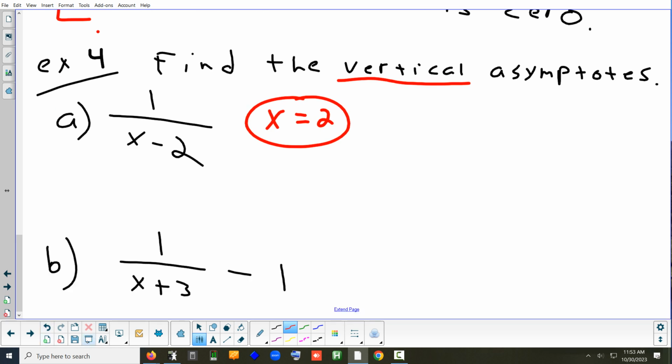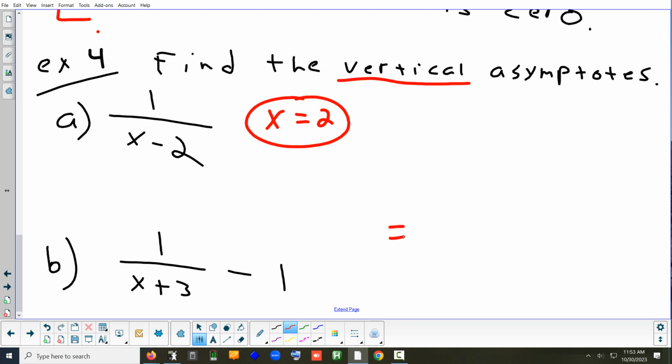Let's try this one. How about 1 divided by x plus 3, minus 1? What would be the vertical asymptote there? -3. Right, you're looking for the value that would cause you to divide by 0, which was -3.